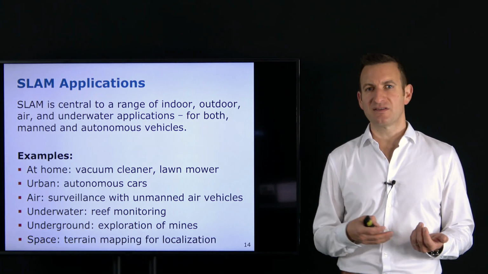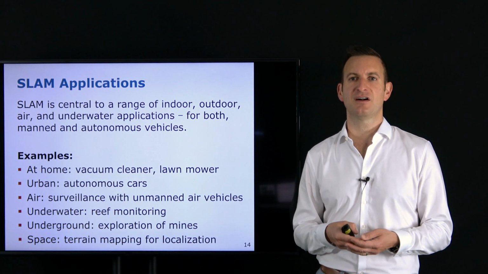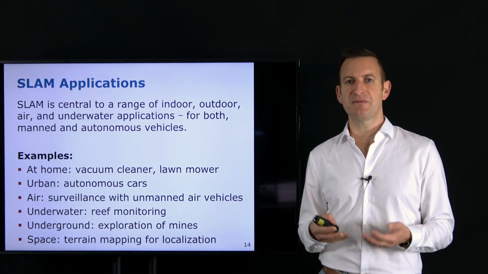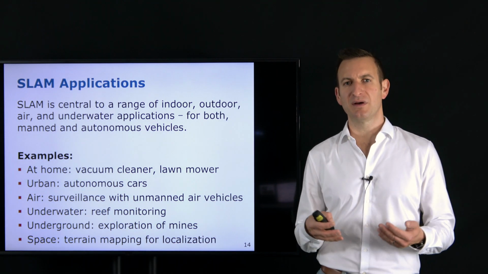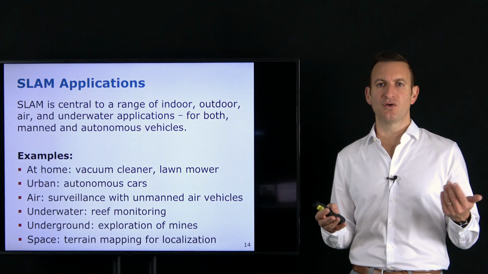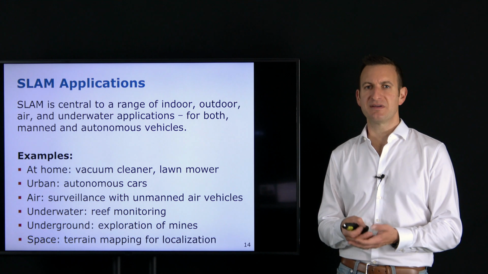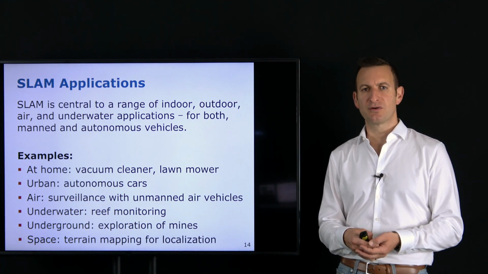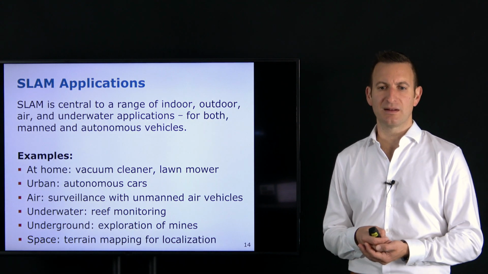If you're in urban environments, thinking about autonomous vehicles or self-driving cars, they need a map of the environment. And of course, they're typically provided with a priori built maps, but the system needs to be able to update those maps, maintain those maps, and also deal with situations when a part is not mapped yet. You still want to be able to navigate, maybe in a little bit more conservative settings, but you want to solve the SLAM problem as well.